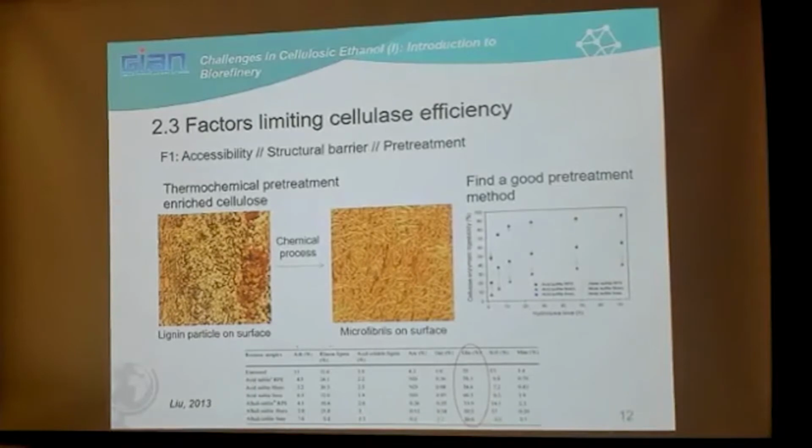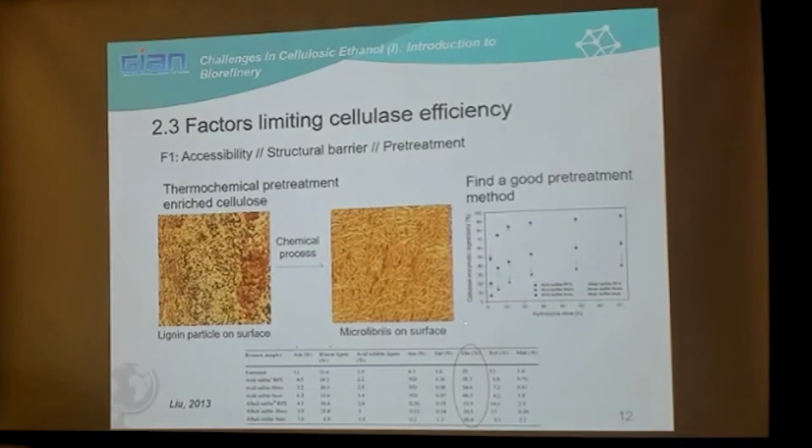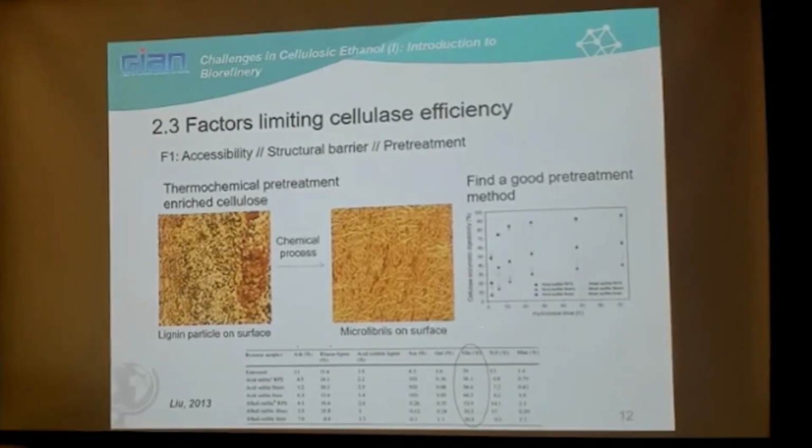Sometimes we also do surface modifications, like these two pictures. After the chemical process, the lignin particles on the surface, in dark color, will be removed. After that, the whole surface is covered by cellulose microfibrils. It means the substrate is exposed to the enzyme. The cellulose accessibility is improved. The digestibility is also enhanced.